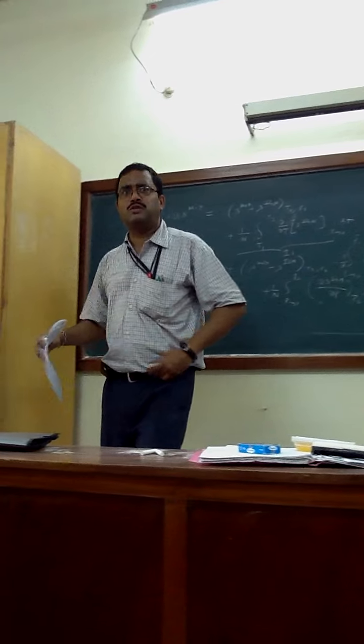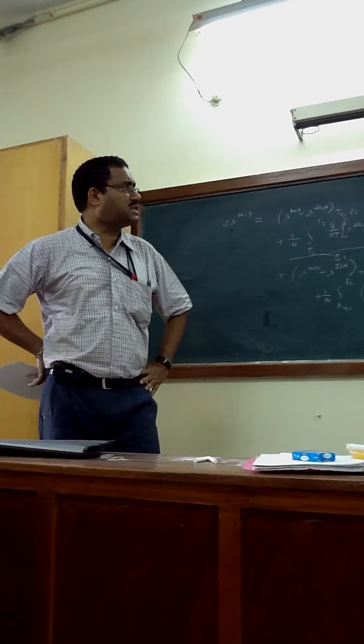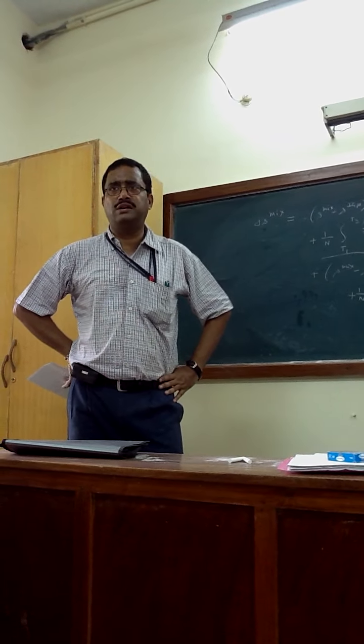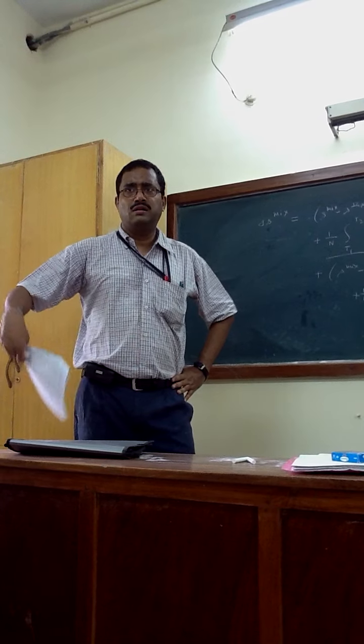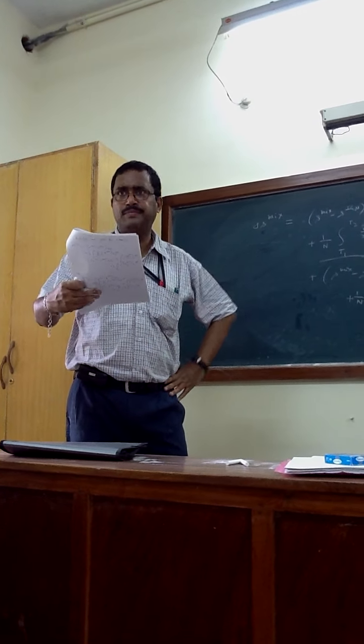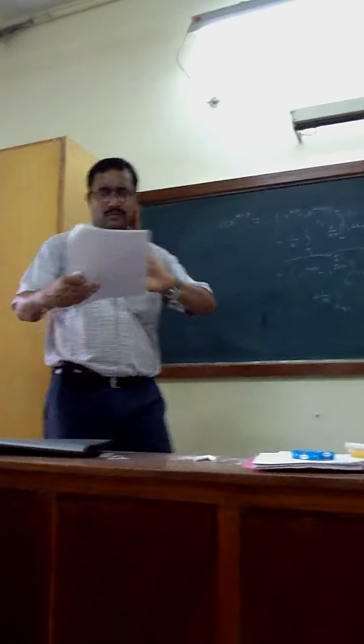What is that? Why so much confusion? Everything is done, but dou SIGi by dou T is Cpig by T, that's it. Then what is the formula? Cpig ln T2 by T1?